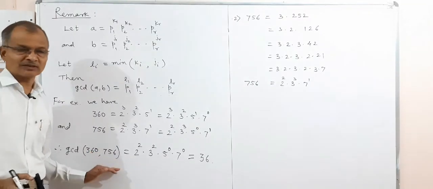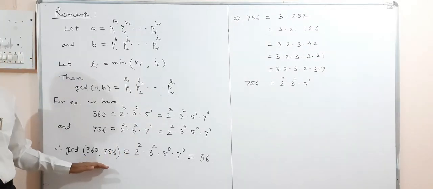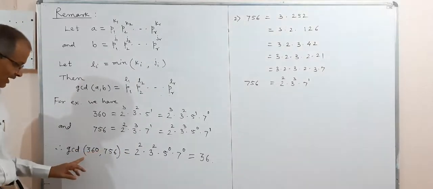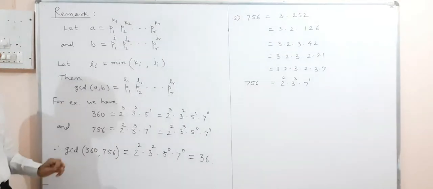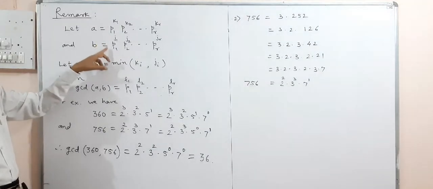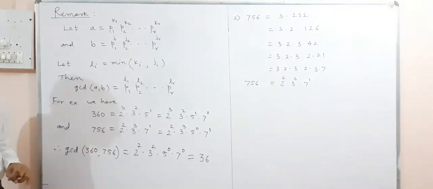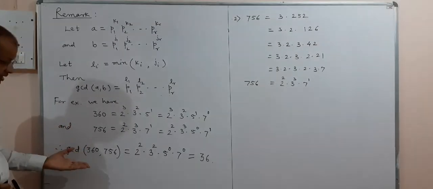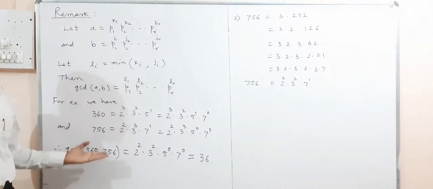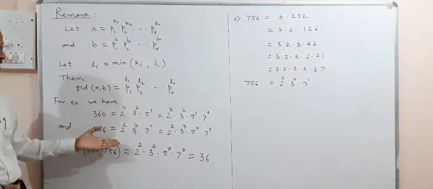You can check this using the Euclidean algorithm, that we have solved in the problems to find the GCD of two numbers. So this is the use of canonical form. Any integer can be written in canonical form, and from the canonical form we can find the GCD. But in general, we should use the Euclidean algorithm, not this method, because this is actually lengthy.